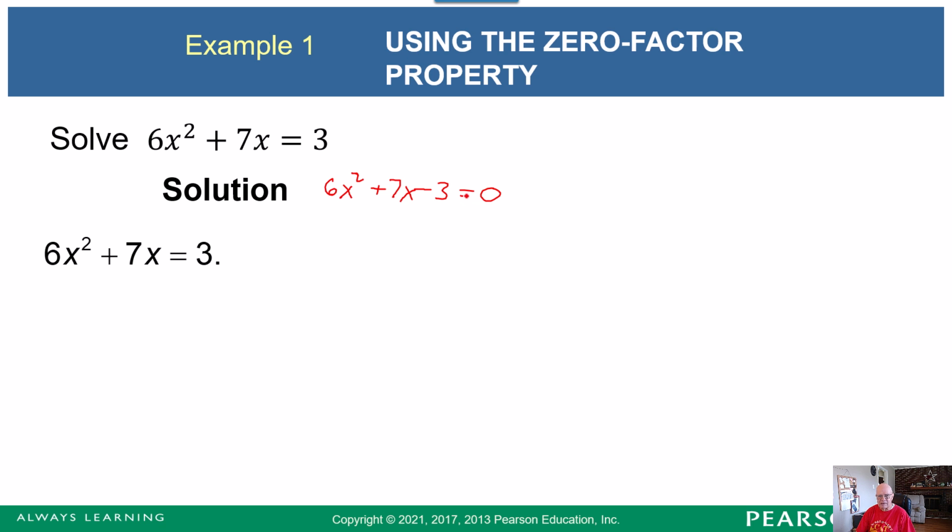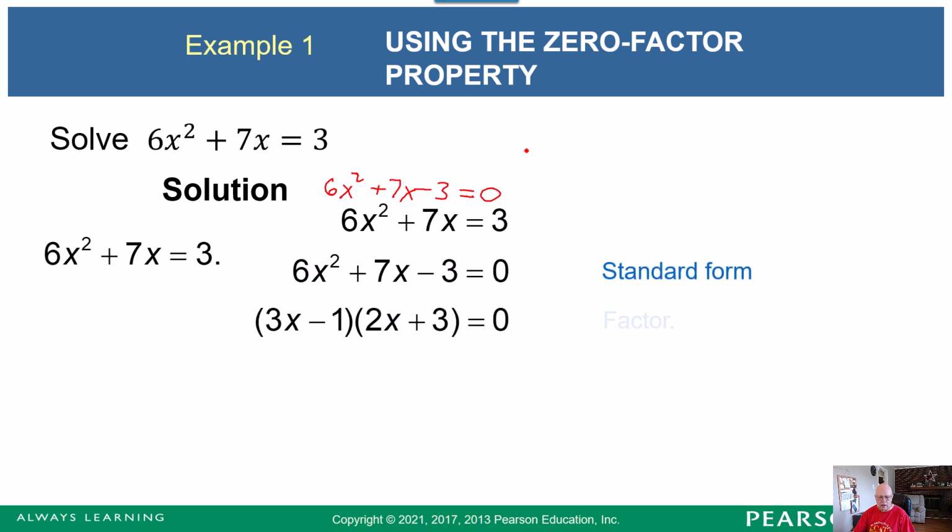So the zero factor property says take that 3x minus 1, set it equal to 0, and find what x you get. Also, either at the same time or a different time, take the second one, set that equal to 0, and solve for x. So there you go. They did the same thing.